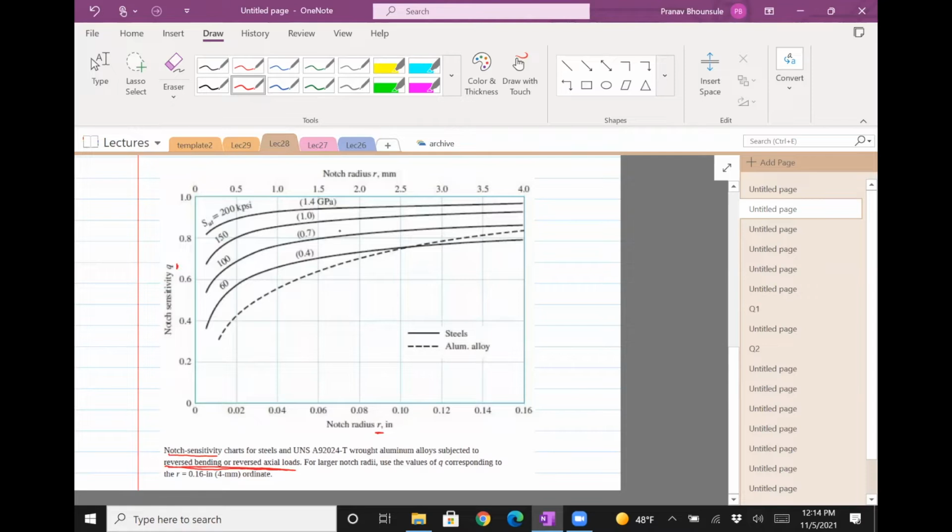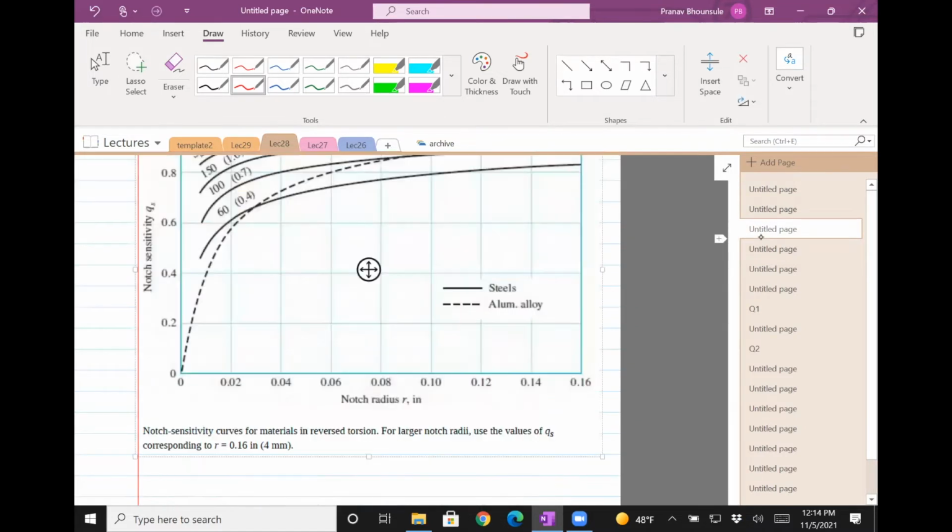Then you can find the appropriate curve based on the ultimate strength, in IPS units or in SI units. You look at the right curve and find the notch sensitivity based on ultimate strength, the notch radius, and the material.